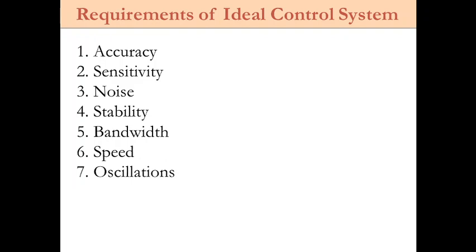Examples of noise are brush and commutator noise in motors, thermal noise voltage in electronic circuits, and the effect of wind on the performance of an antenna. In electronic circuits you may get external disturbances, and based on those disturbances you may get the wrong output also.